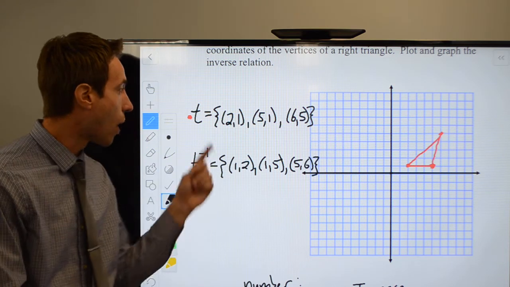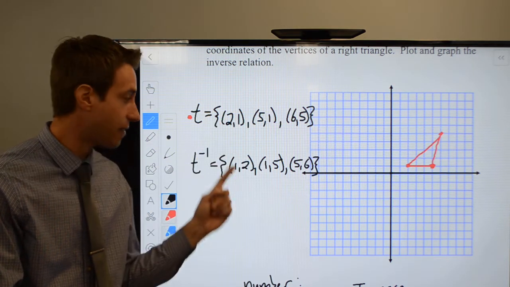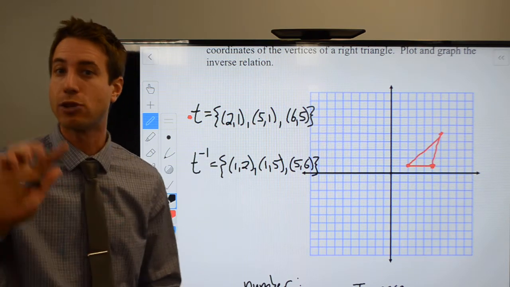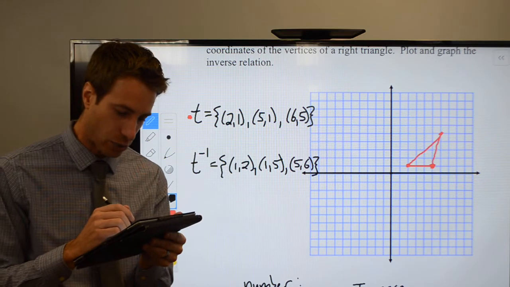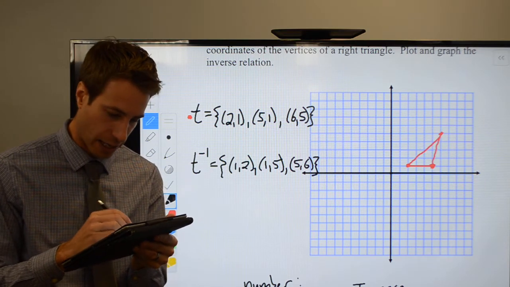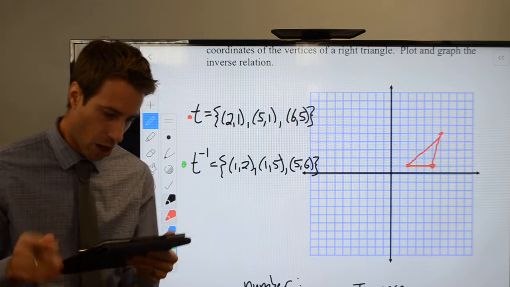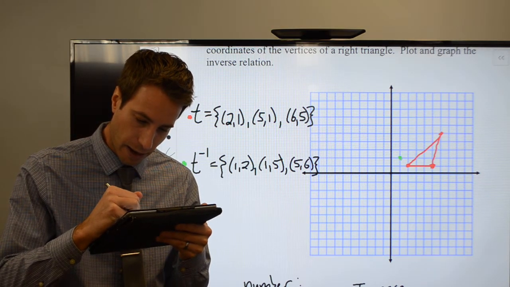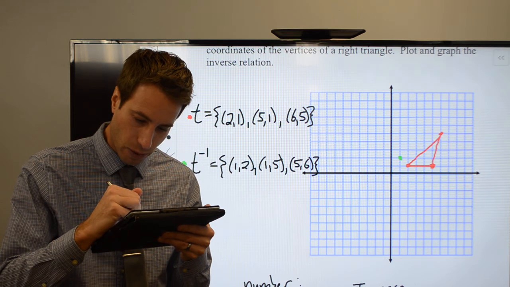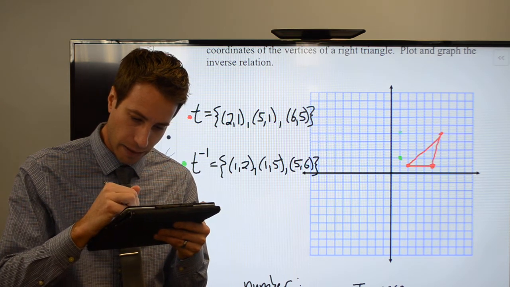All right, so there I go. I have my relation that I was given. I have found my inverse relation by switching the x and y values. It's just that simple. And I'll graph this one in, let's see, what have I got here? I got a green. All right, so let's go ahead and graph these guys. I need the point 1, 2 right there. I need the point 1, 5 right there.